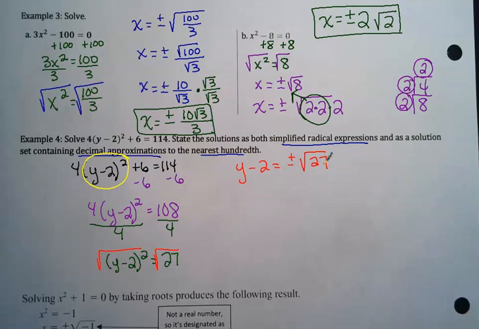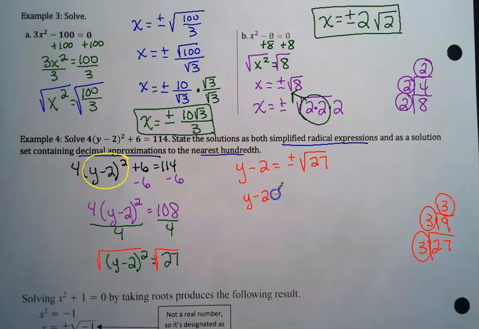Perfect. 27 is not a perfect square, so we've got to do some work over there. Okay, so we're going to find its prime factors. I know I can divide it by 3. 27 divided by 3 is 9. I can divide by 3, and I get 3. So 27 is equal to 3 times 3 times 3.